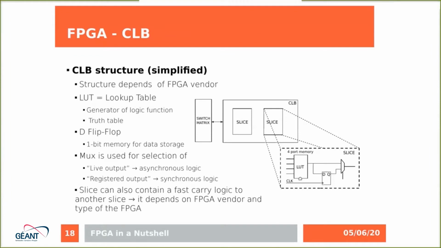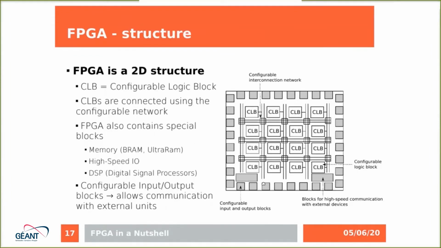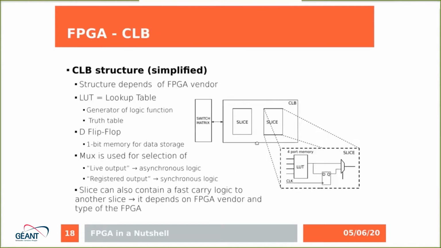We will know the content of, let's say, the block RAM memories, which are distributed in columns, and then we need to connect these blocks together via the configurable interconnection network. And this is exactly what the bitstream is. It's the configuration of all elements which are provided by the FPGA.